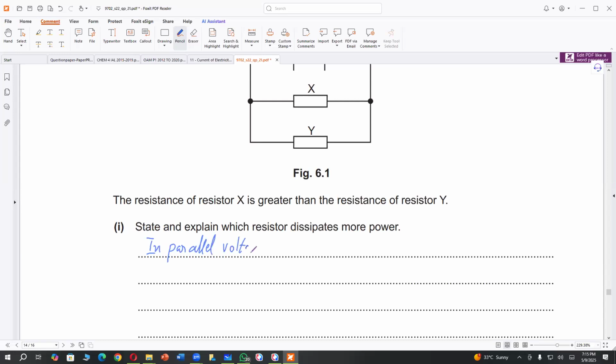In parallel, voltage is same. So Vx is equal to Vy. Resistance of X is greater than resistance of Y. So I have to make a link in between.